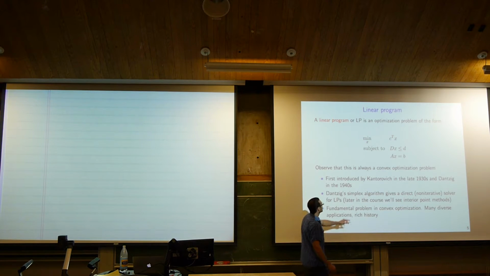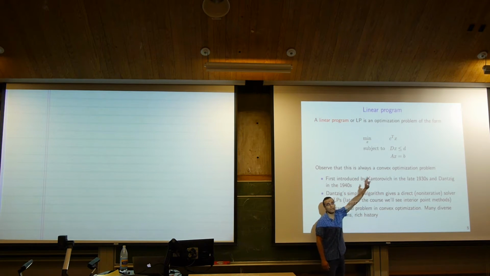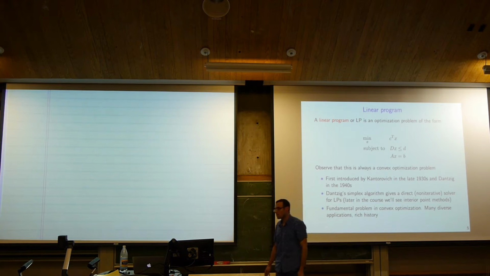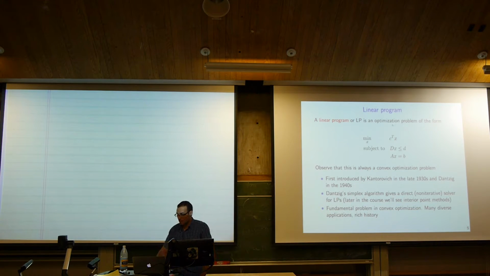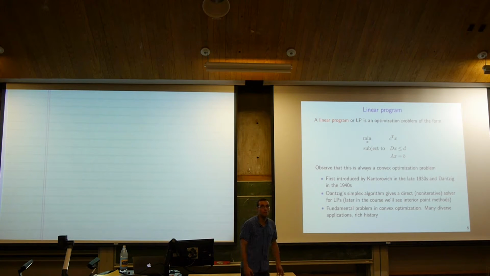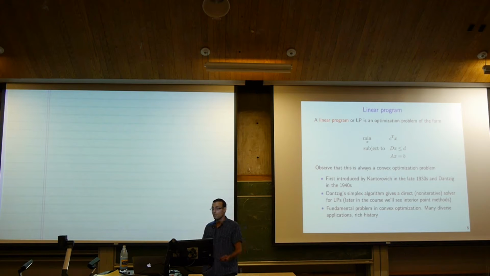And it's always a convex optimization problem, no matter what that matrix D is, no matter what the matrix A is, no matter what these vectors c, d, and b are. It's always a convex optimization problem. That's because this is always convex, and this is always a convex function as well. Even if we wanted to pass in the weirdest matrix D you could think of, it's still going to be convex.